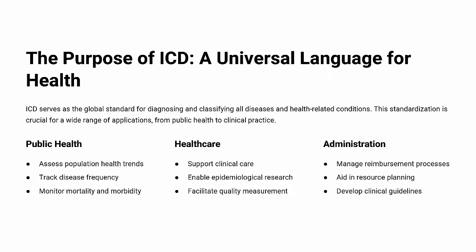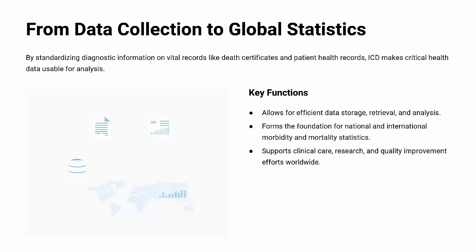We have important jobs. From data collection to global statistics, ICD is used to organize information on diseases and health conditions documented in numerous health and vital records such as death certificates. The key functions allow for efficient data storage, retrieval, and analysis, form a foundation for national and international morbidity and mortality statistics, and support clinical care, research, and quality improvement efforts worldwide.